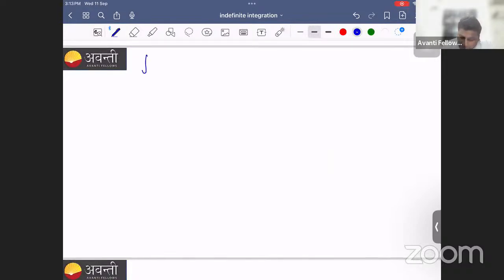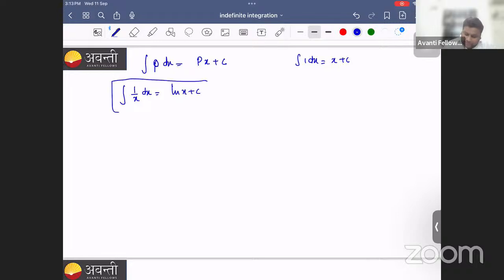First of all, integration of any constant, say it is p dx, that will be simply px plus constant. Got it? That means integration of 1 dx is x plus constant. Now formulas: integration of 1 by x dx is ln x plus constant.